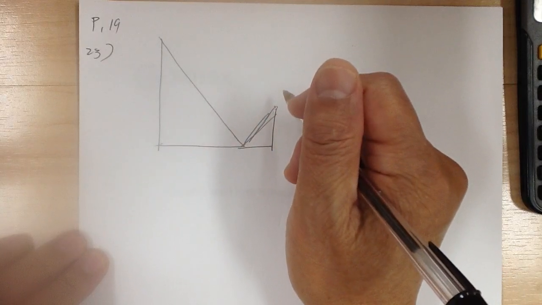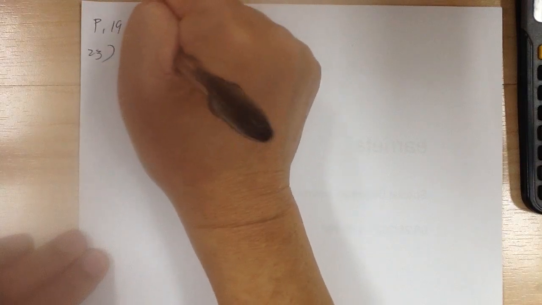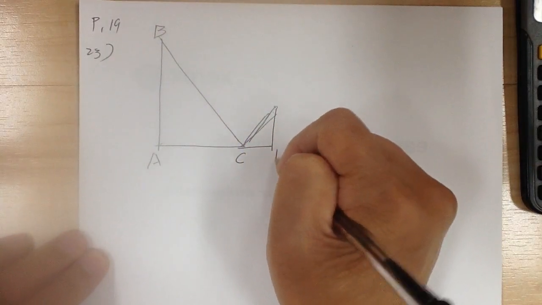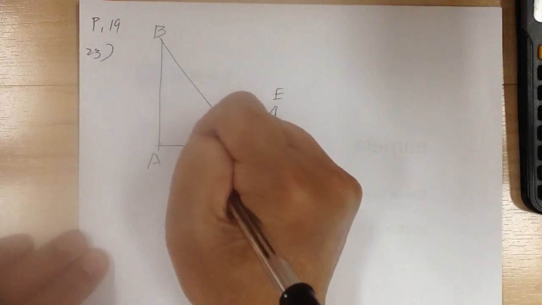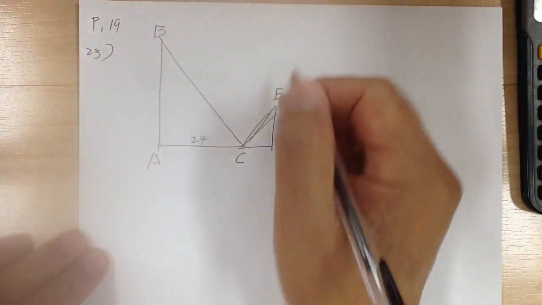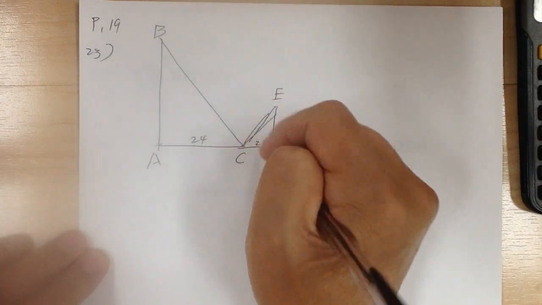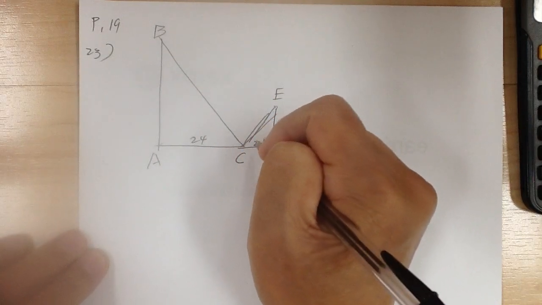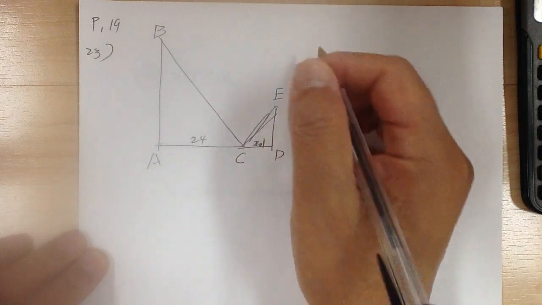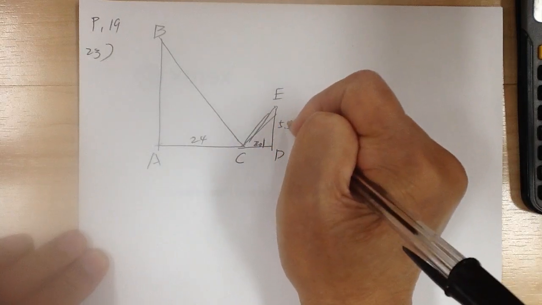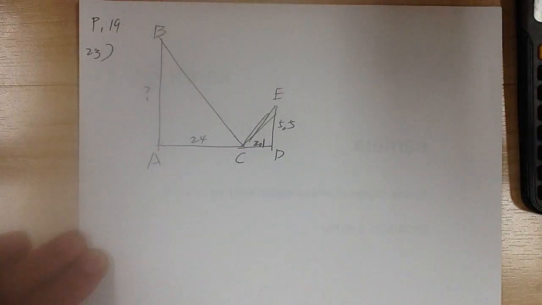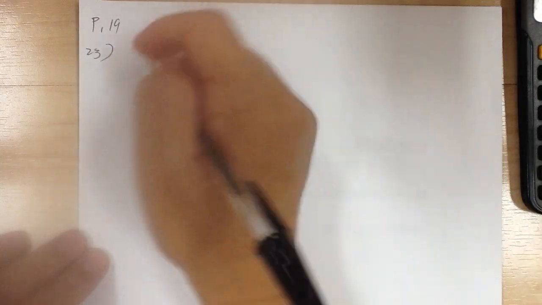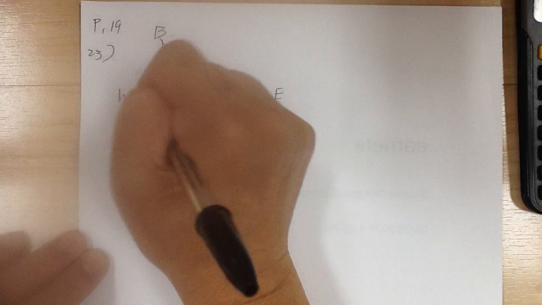This is A, B, C, D, E. AC is 24, CD is 2.1, and DE equals 5.5. You want to estimate the height of the tree. I'll call this height, the height of the tree.